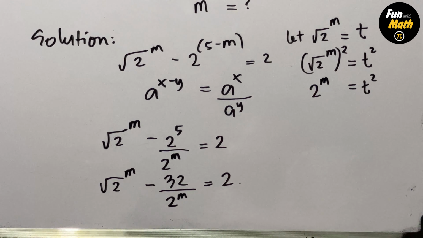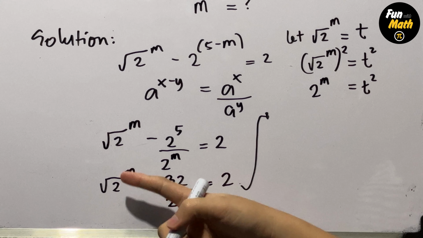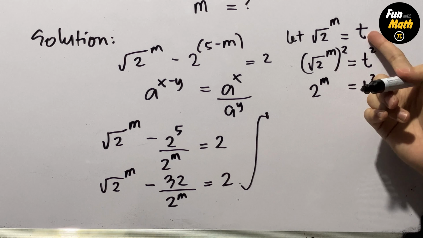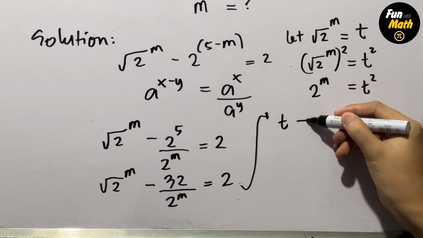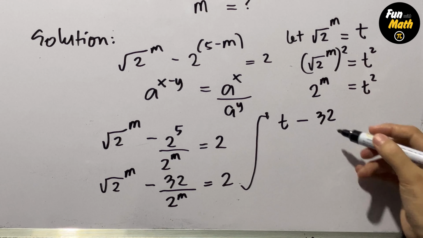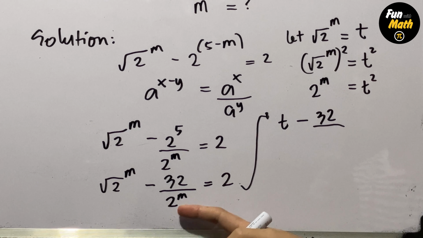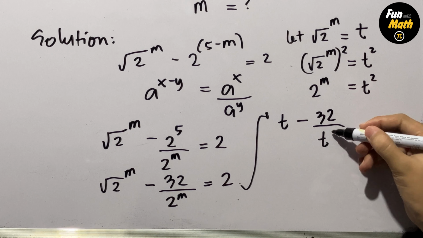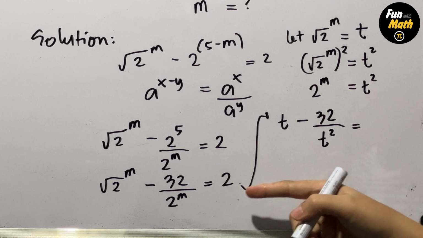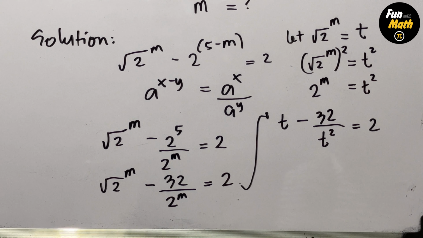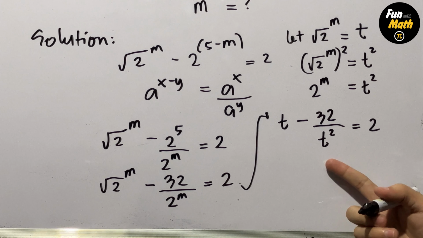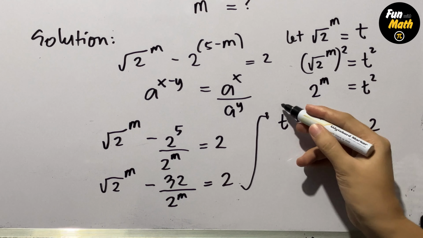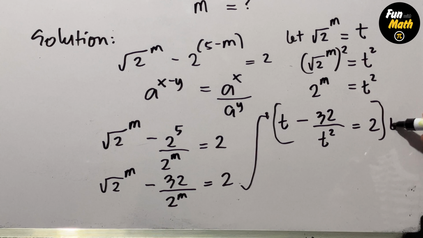So to write this, square root of 2 to the power of m, we replace that with t. So t minus 32 over 2 to the power of m, that's t squared, equals 2. Now, we are going to isolate t squared here by multiplying both sides by t squared.